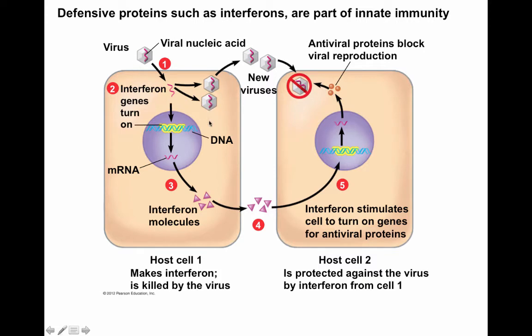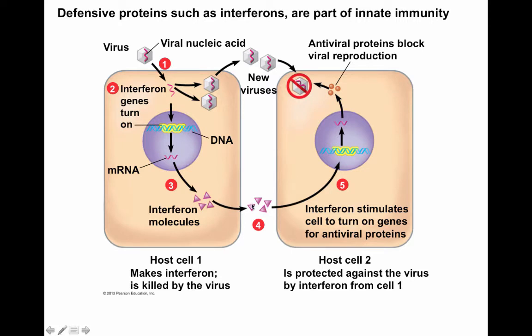In response to that, though, the cell is not completely helpless. It is helpless in that it is going to become a virus factory, but it can warn neighboring cells. It can sense that it's a virus factory, and genes are turned on and proteins are made that can be secreted from the cell and have an effect on neighboring cells. In this case, the interferon is secreted from the cell.